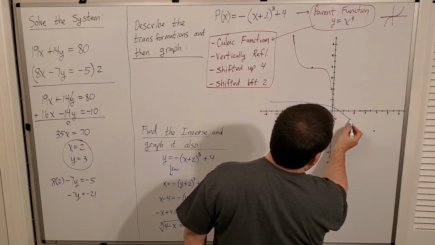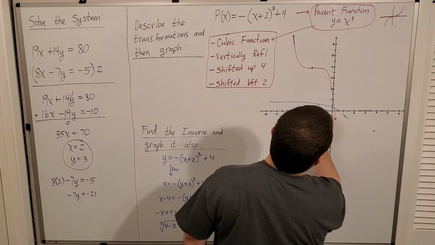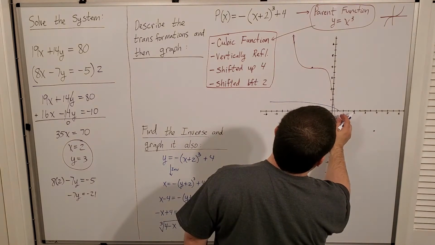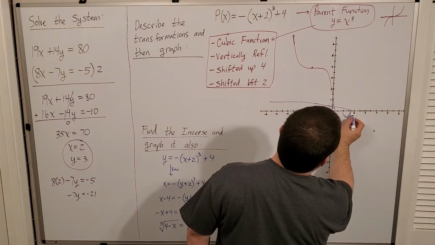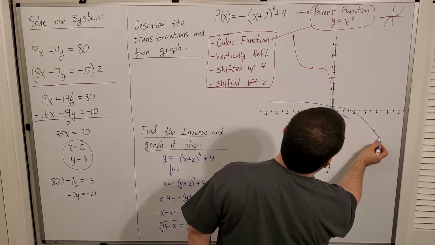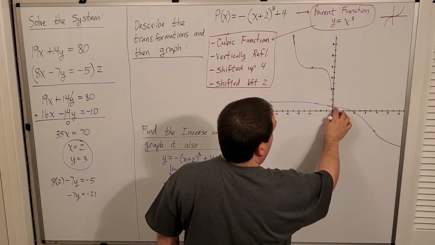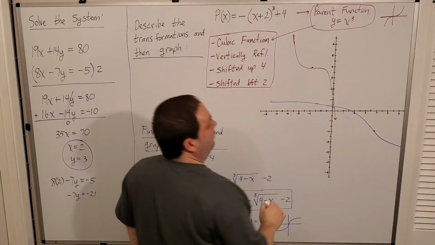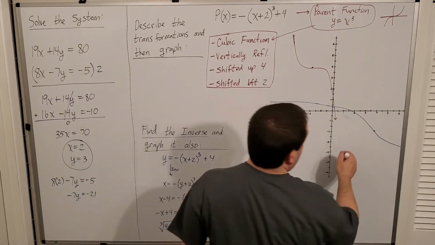It's going to go through, whoops, something like this. And obviously, like I said before, I'm probably not very accurate here, but it's the generic shape, right?